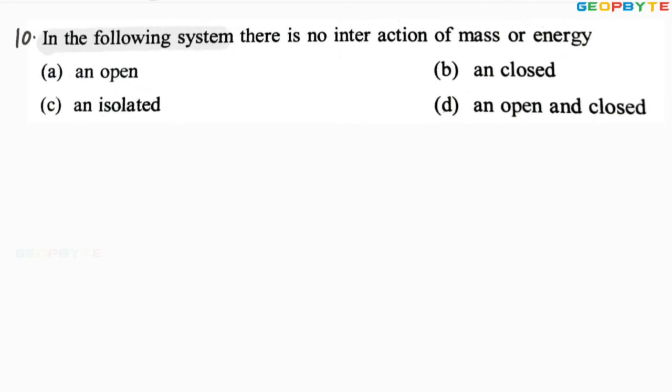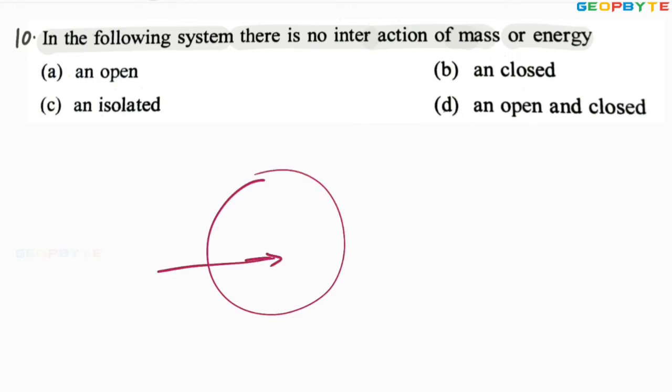In the following system, there is no interaction of mass or energy. That means you are asked to identify the system in which the mass interaction is 0 and energy interaction also 0. Here mass interaction between the system and surroundings is 0 and energy interaction between the system and surroundings is equal to 0.